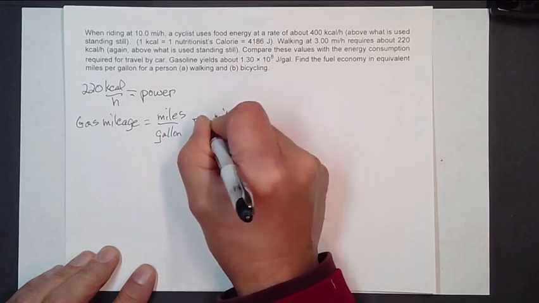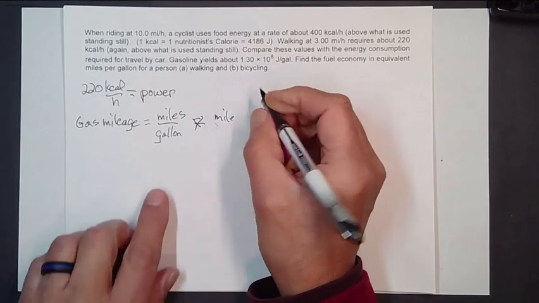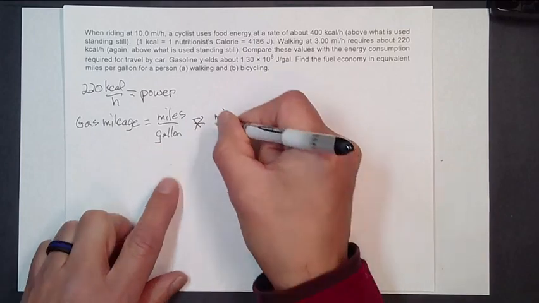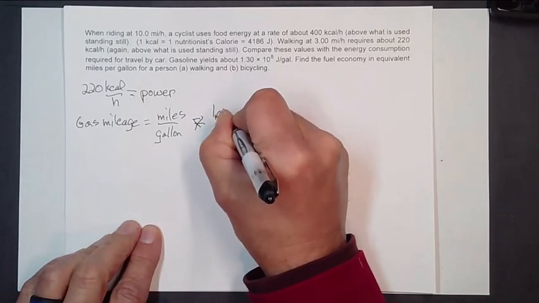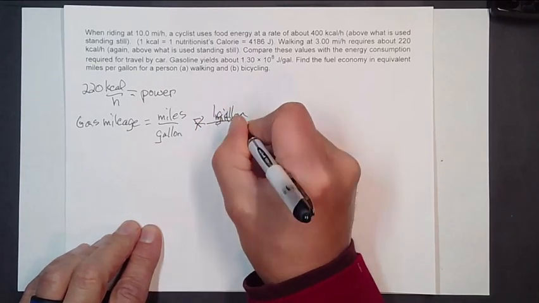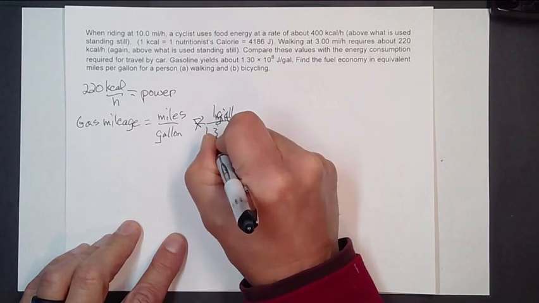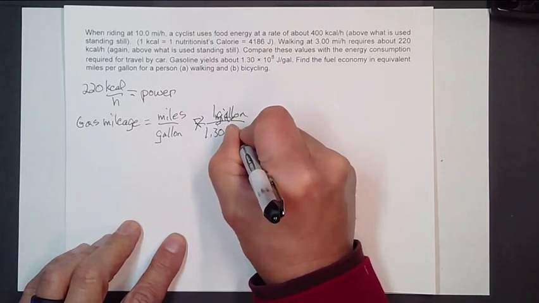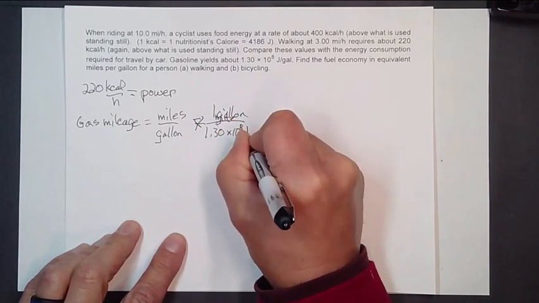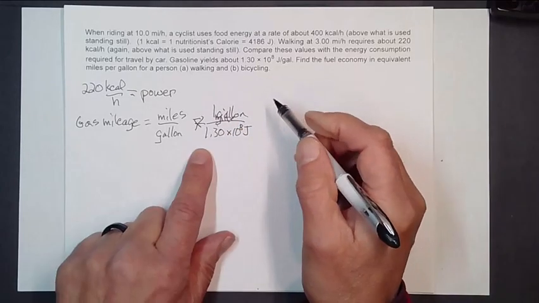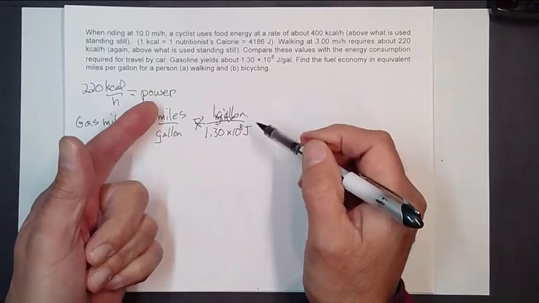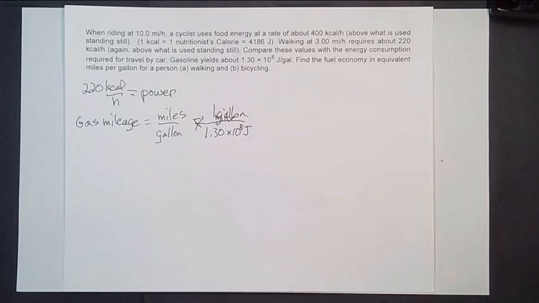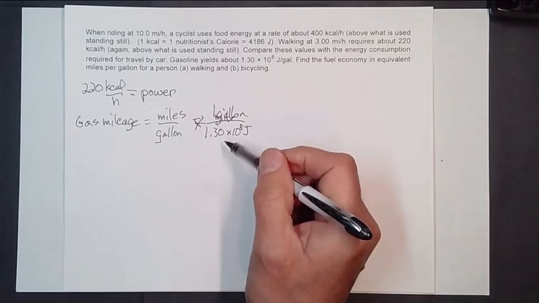well, actually what I'll do is multiply this by 1 gallon, sorry for the messiness, over 1.30 times 10 to the 8th joules. And what I would end up here with is miles over joules with the energy on the bottom.